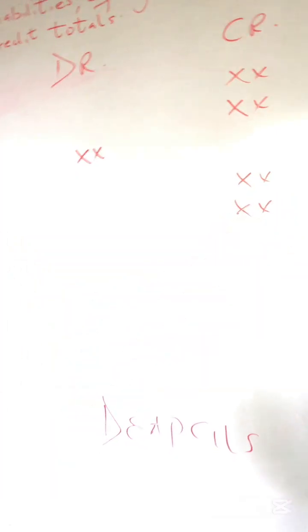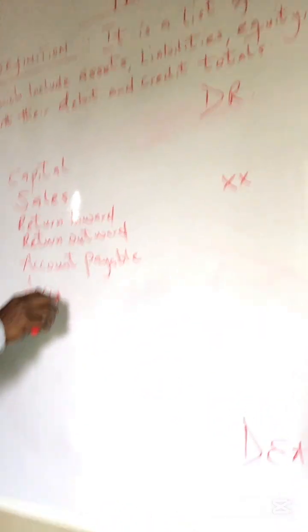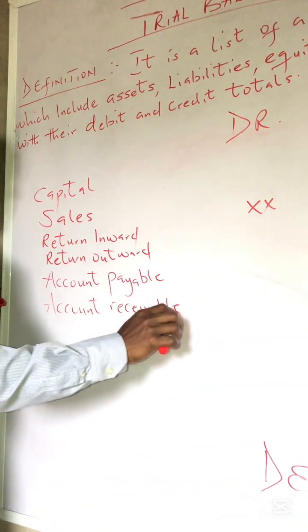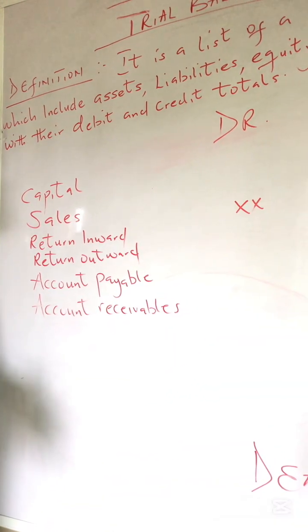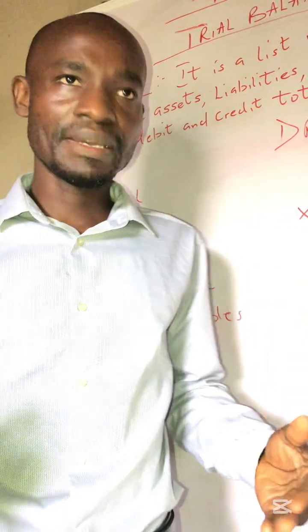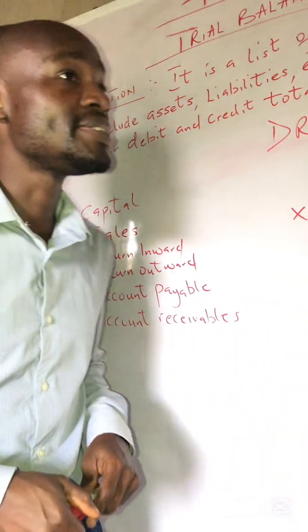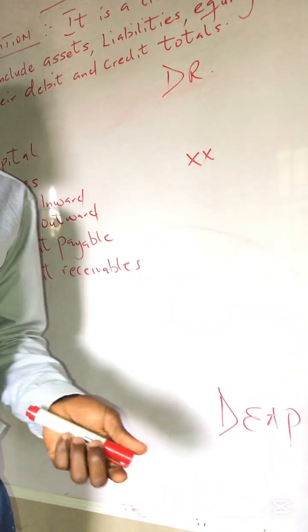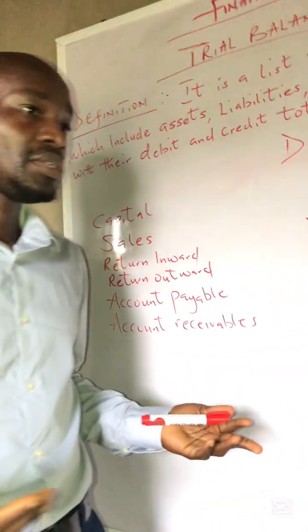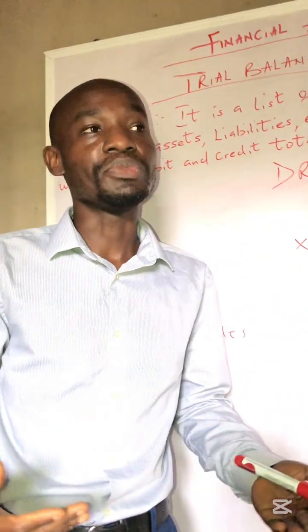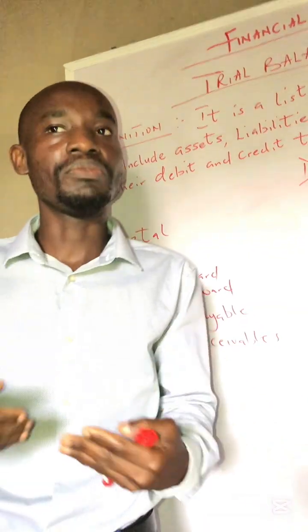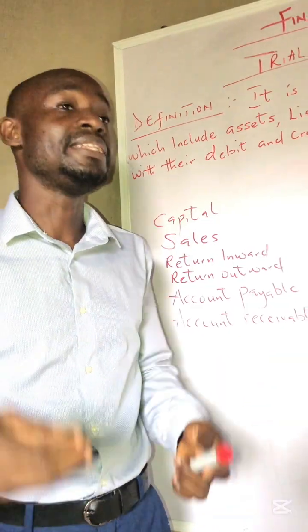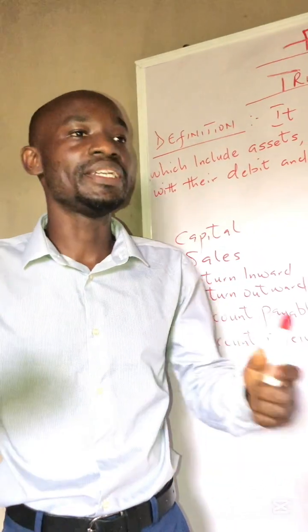There is what we call account receivable too. Account receivable is more or less like a debtor. There are people who have bought one or two things from your company and are yet to pay you, but they are receivable in the sense that they are still going to pay you that money, because they are the ones owing you.